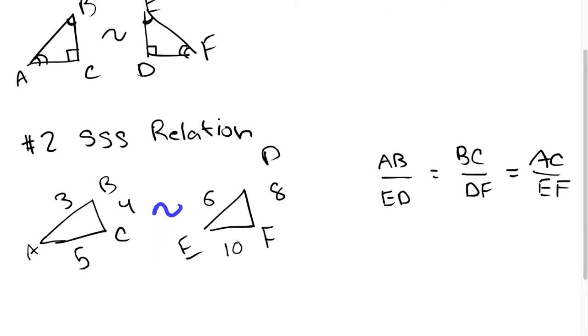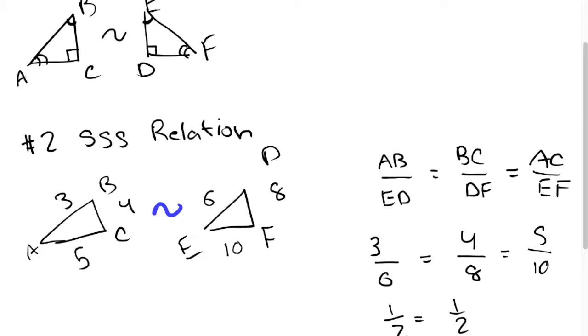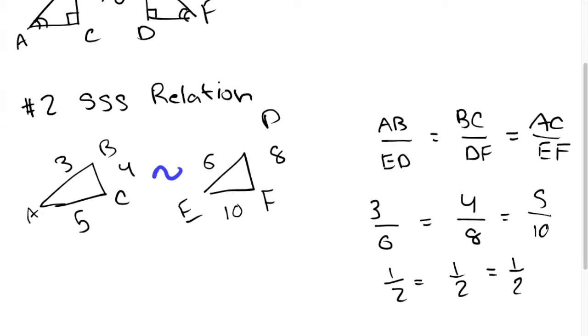Side AB is 3, side ED is 6, side BC is 4, side DF is 8, and side AC is 5, and side EF is 10. When you simplify this, you get 1 over 2 equals 1 over 2 equals 1 over 2. That is how we know both of these triangles are similar, because they have the same side proportional ratio.